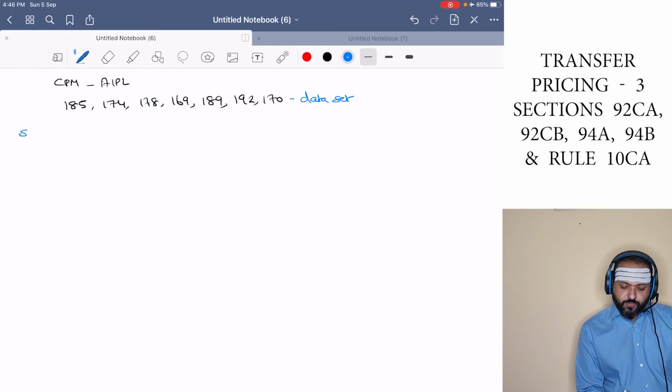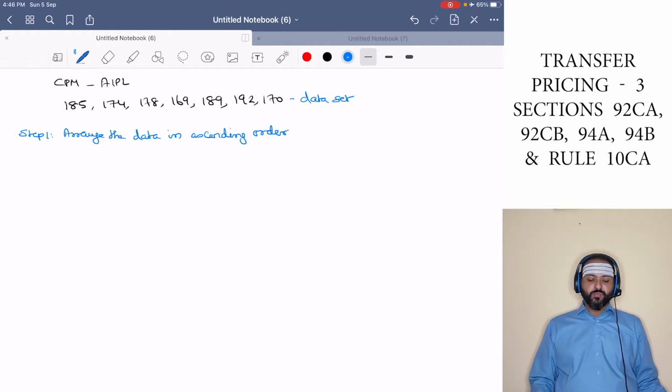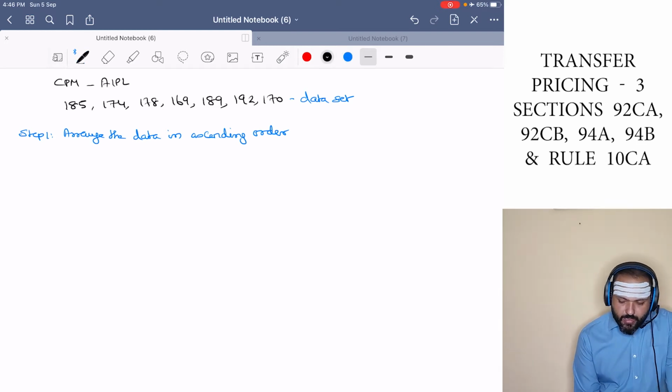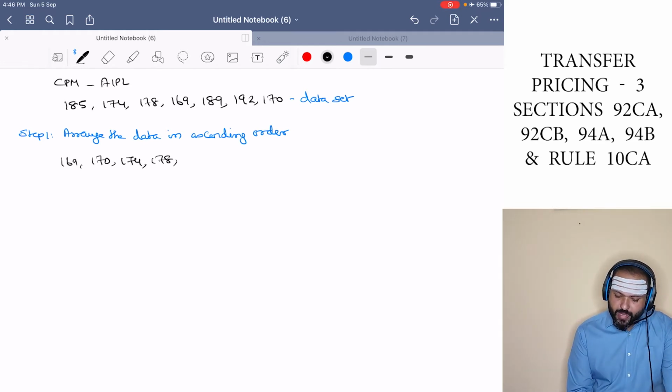So step 1 will be to arrange the data in ascending order. Based on the price data that we have taken, the starting point will be 169, then the second price will be 170, then the third price will be 174, then the next price will be 178, then we have 185, then 189, and then 192.